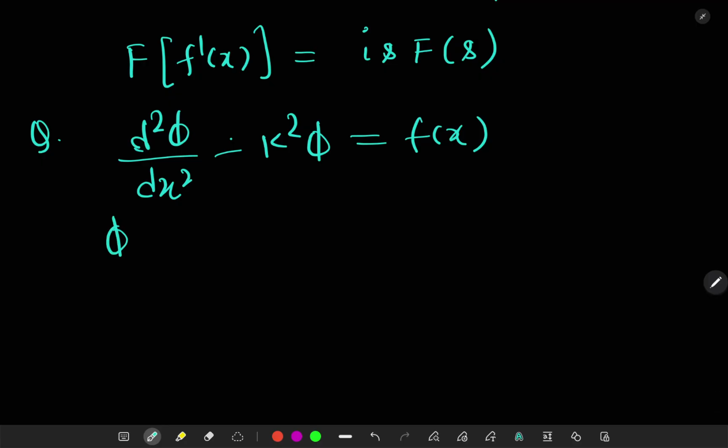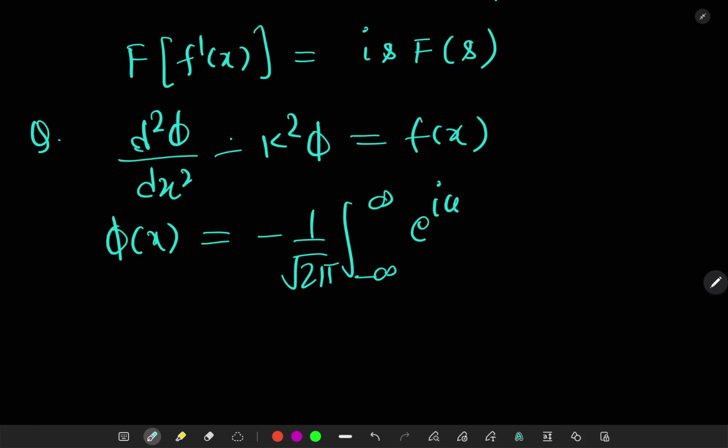We need to show that phi of x is equal to minus 1 by root 2 pi integral minus infinity to plus infinity e raised to power iota omega x f of omega d omega divided by omega square plus k square.